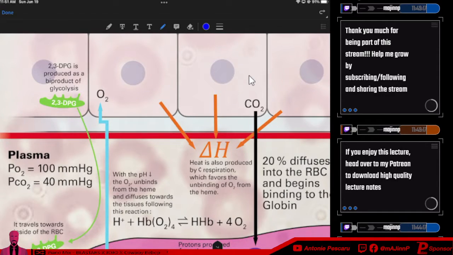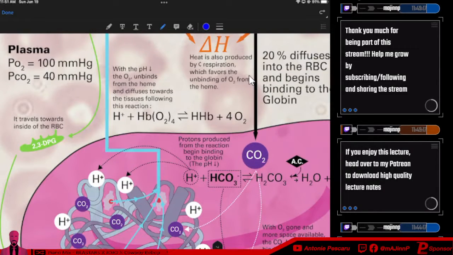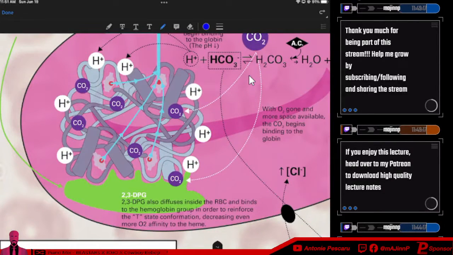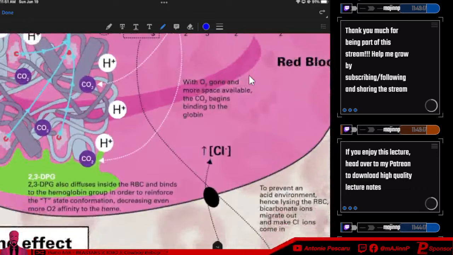But anyways, 2,3-DPG travels and goes inside of the red blood cell and binds onto the hemoglobin to keep everything in place so that the CO2 doesn't detach. That as well contributes a little bit to the whole process.